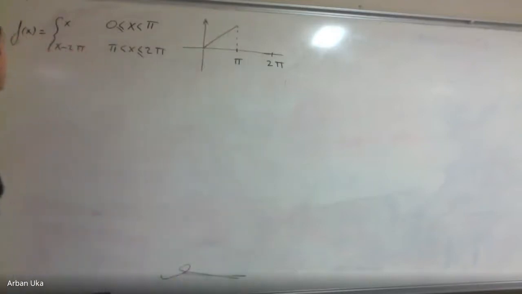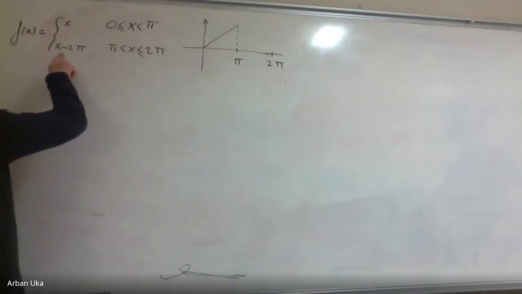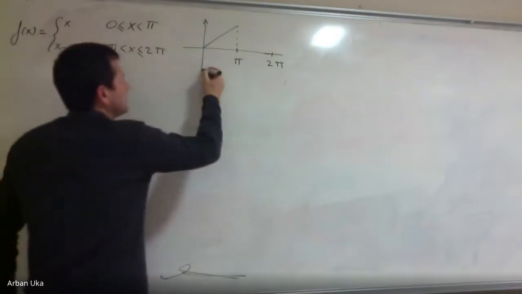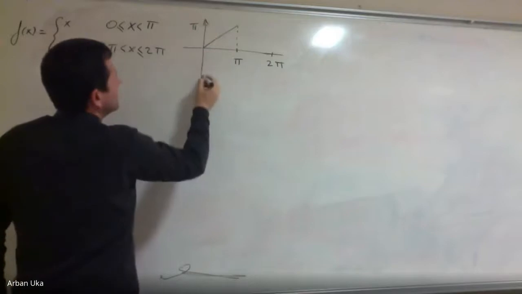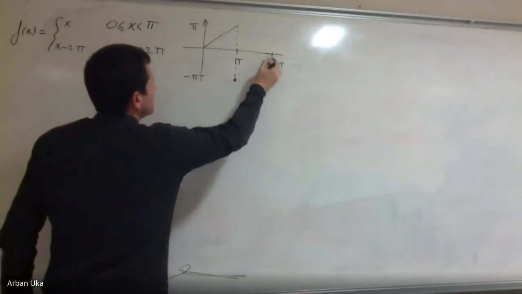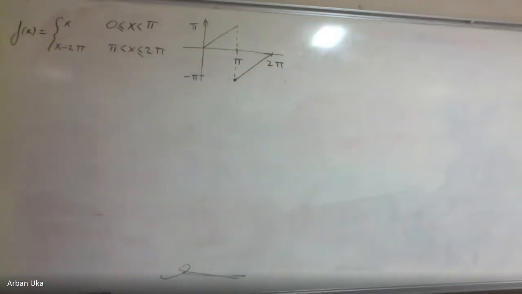It's a linear function. The other side, when x is equal to pi, x minus 2 pi, we get here a value of minus pi. So this is pi, this is minus pi, so we get a point down here. And it goes also with the same slope, okay?